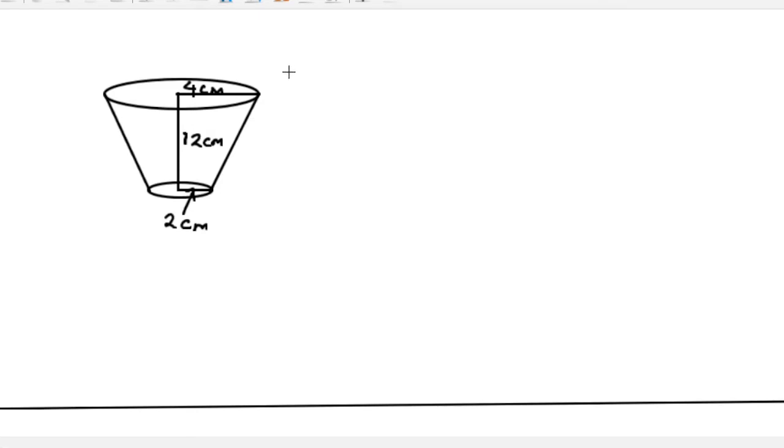So I'm going to write down the formula first. Volume will be given by a third pi h into R squared plus R r plus r squared. If you have some knowledge in binomial expansion, then this one should be very easy for you to remember.